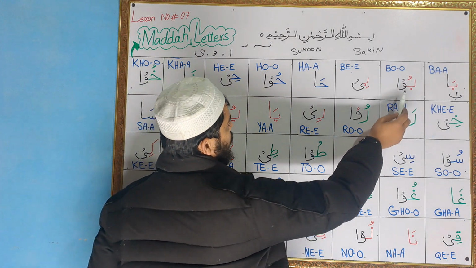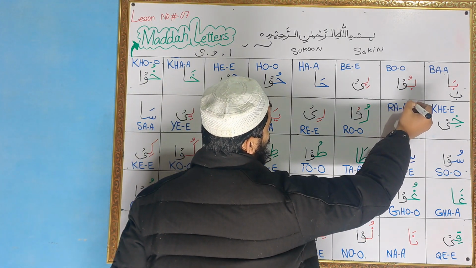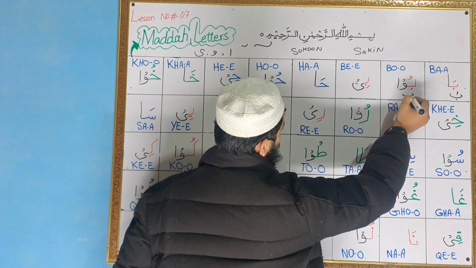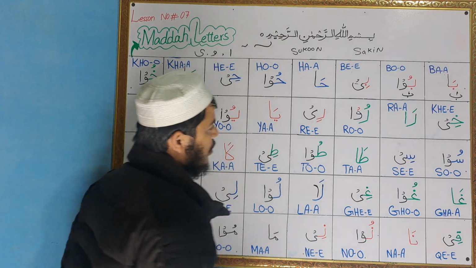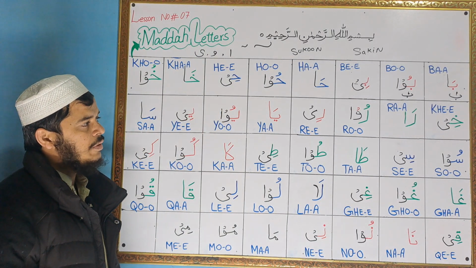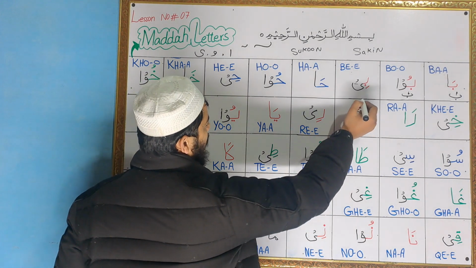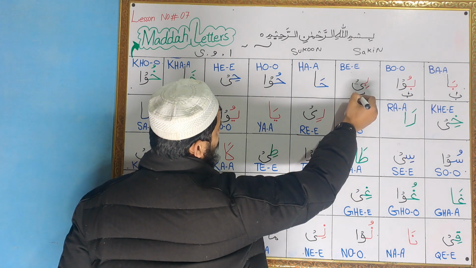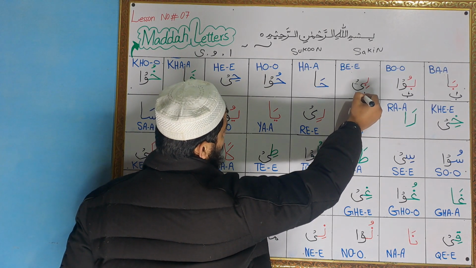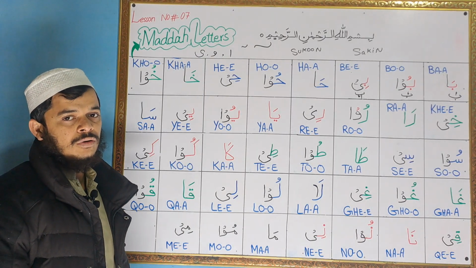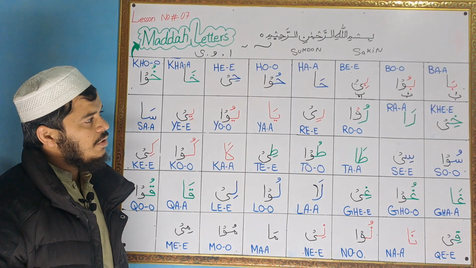And ba, dhamma, waw, bu, it's the same thing as when we use inverted dhamma, the same sound, bu. And ba after kasra with ya with sukoon, it will be called bee. Another way of writing it is with a standing kasra or vertical kasra, bee.